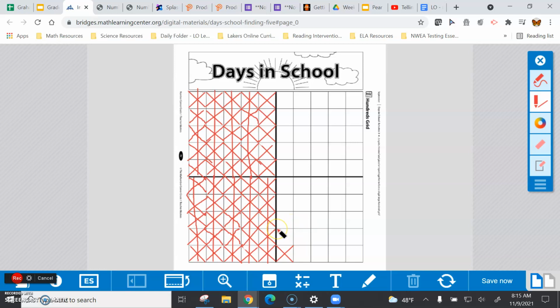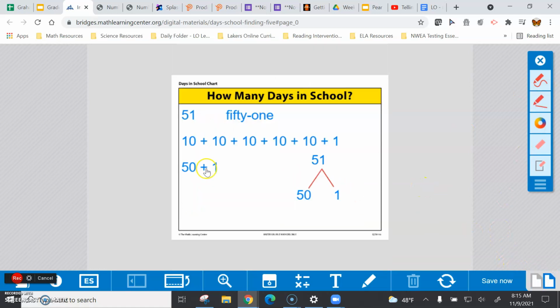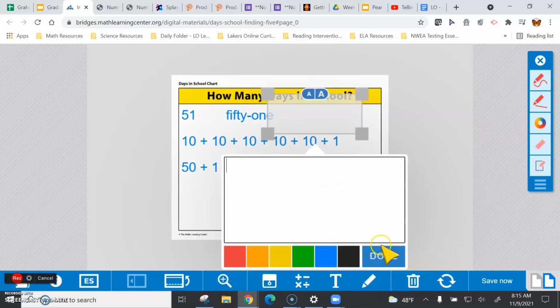We have 51 as of Friday. We're adding on another day, so now this makes 52 days that we have been in school together. Fantastic.